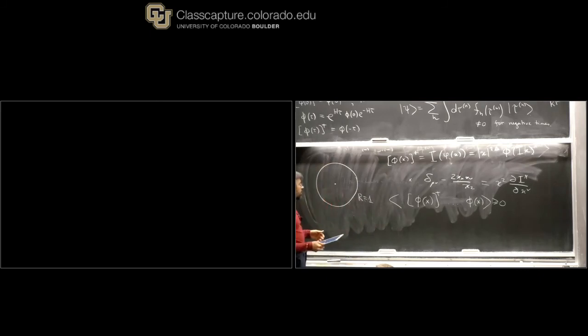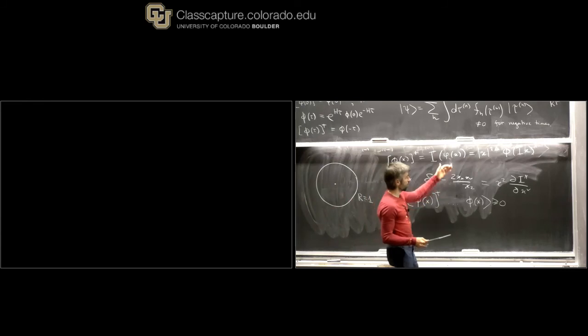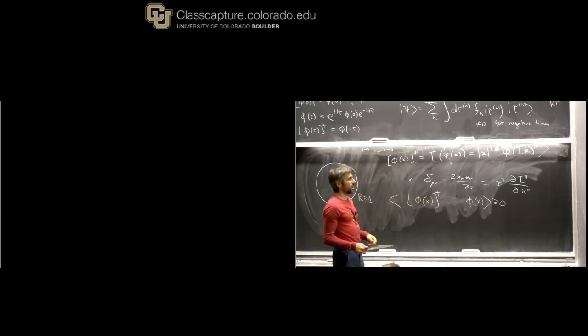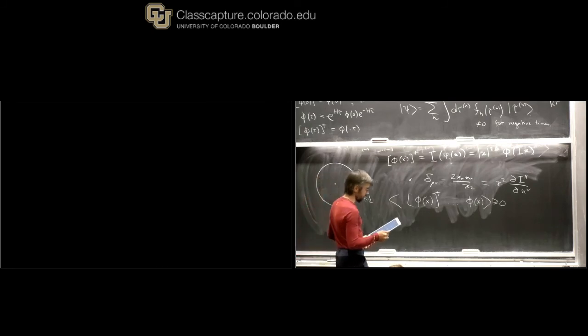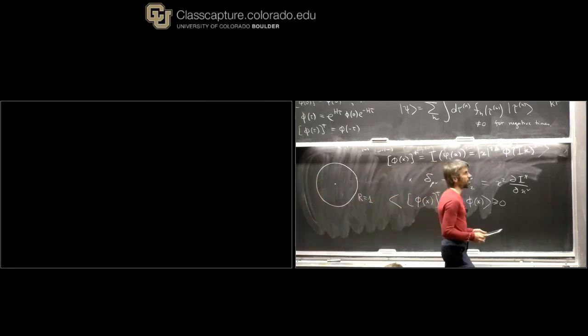Usually we assume this condition: we have this inversion, we have this positivity, and that's our definition of a unitary CFT. But I'd like to discuss why this is a reasonable assumption. Suppose that I have a Poincare invariant reflection positive theory, with reflection positivity in the Osterwalder-Schrader sense.